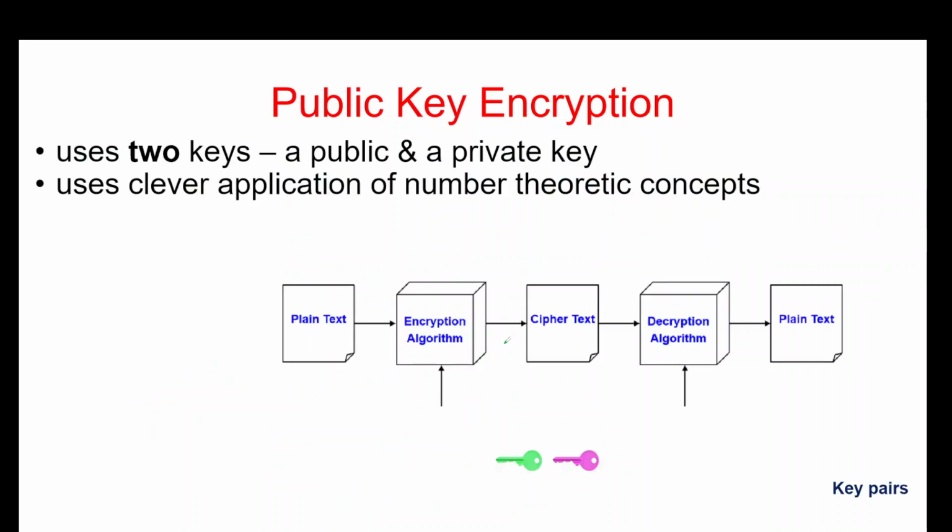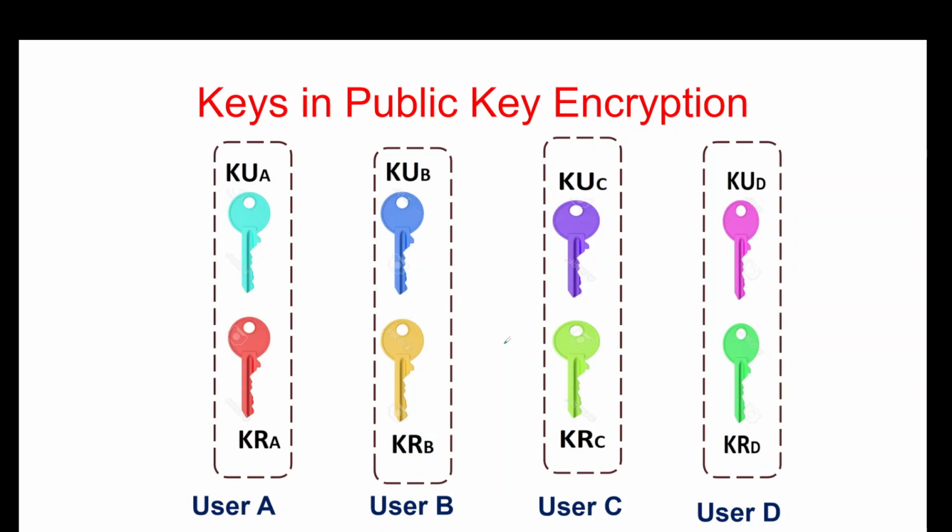So it uses two keys, a public key and a private key, and it works based on the concept of number theory. As I told you, each user has a public key and a private key. Here KU represents the public key and KR is the terminology to represent the private key.